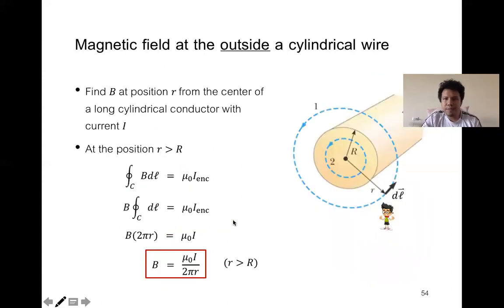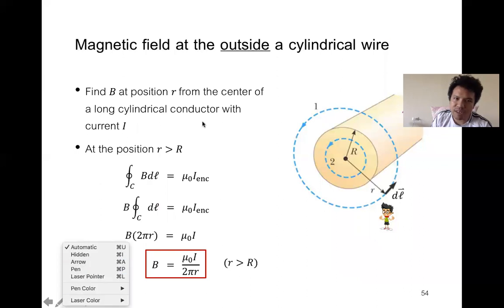Okay, and for another example case about the magnetic field inside and outside a cylindrical wire. If we consider a thick wire, here we try to calculate the magnetic field outside. So we are going to consider the term I enclosed.